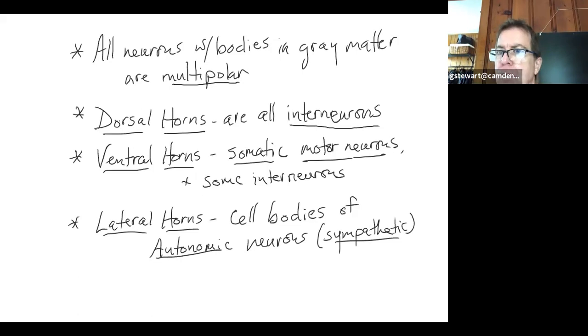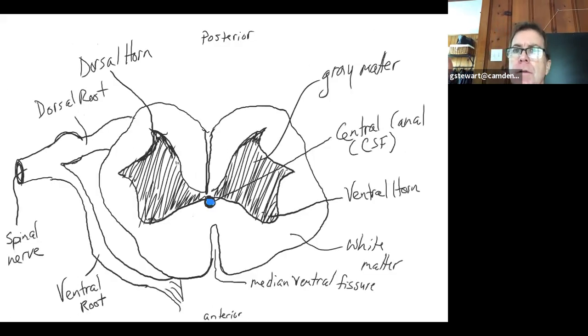Now I'm going to go back to this previous page, and we're just going to label this stuff. So we know the dorsal horns are all interneurons. These are functional classifications. They process information.